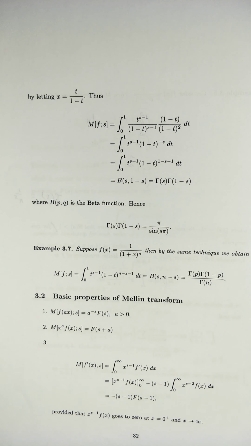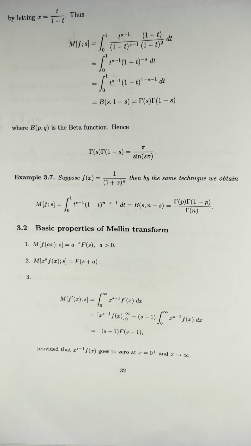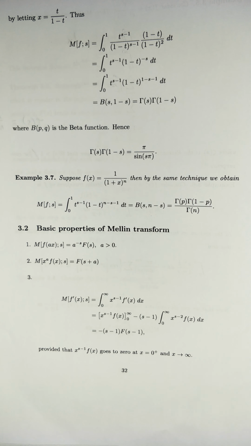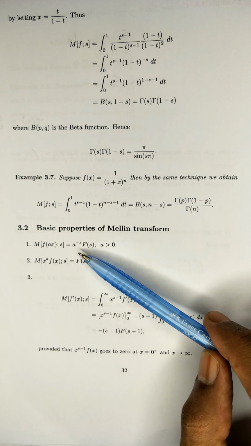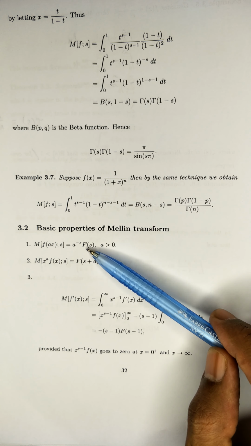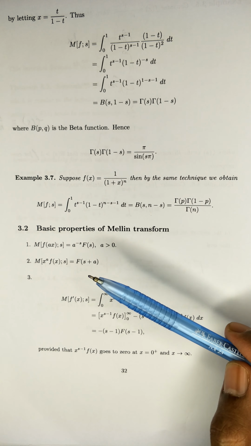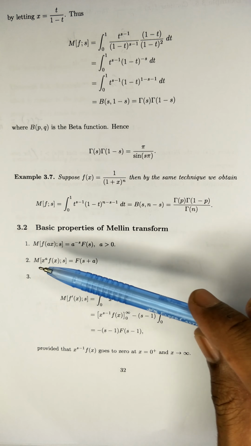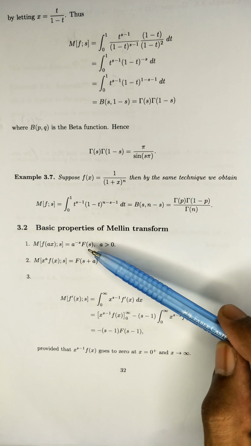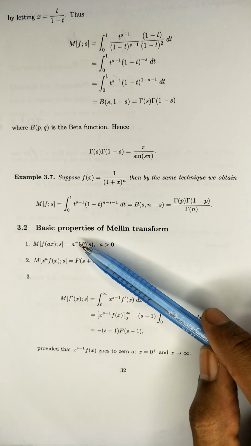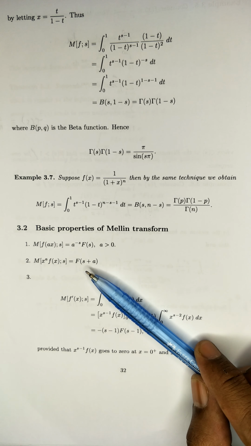All right, and then we have the basic properties of the Mellin transform. I think it is not difficult for you to prove, so I ask you to prove all these properties. We have given here three properties. So for M of f(ax), just substitute ax, and with that you can factor out a to the minus s. You can do this easily, as well as that.